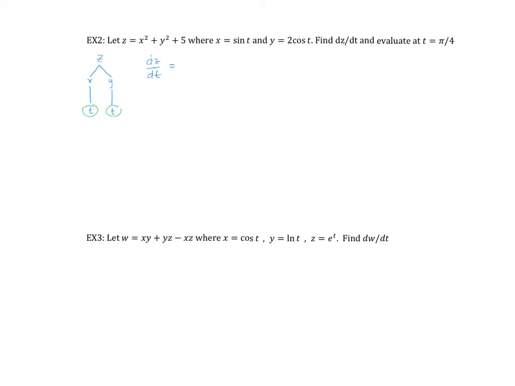Follow along the branch, we have the partial derivative of z with respect to x times dx dt plus partial derivative of z with respect to y times dy dt. So why don't we use these functions that we have and compute this?